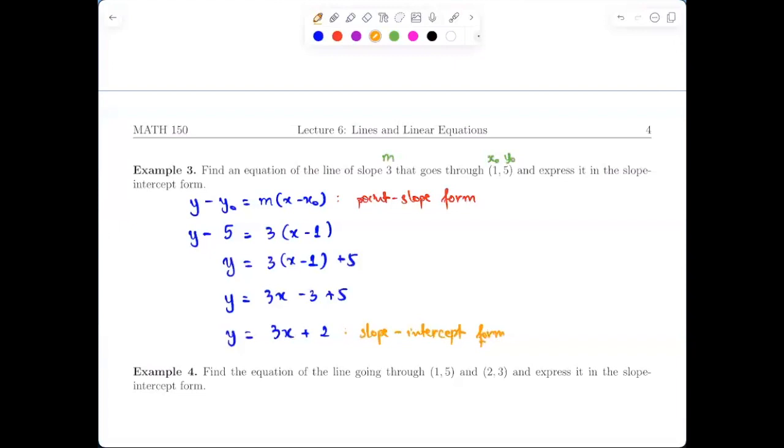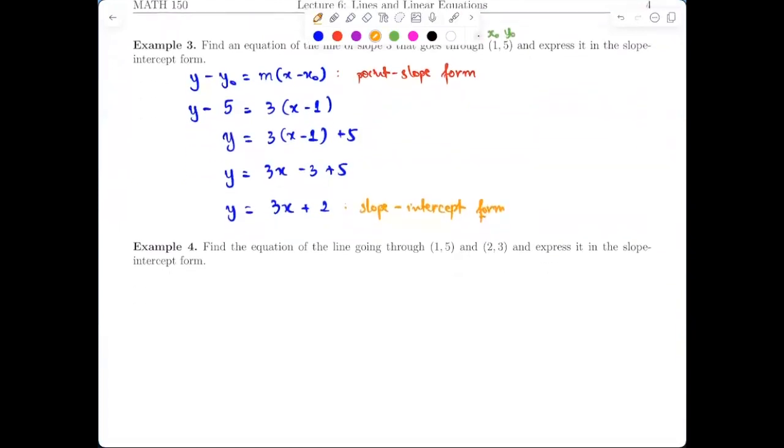All right, so let's move on to example 4. In this example, you want to find the equation of a line going through 2 points, (1, 5) and (2, 3). So you are given 2 points. You weren't given a slope, right? So you need to find the slope of the line given 2 points.